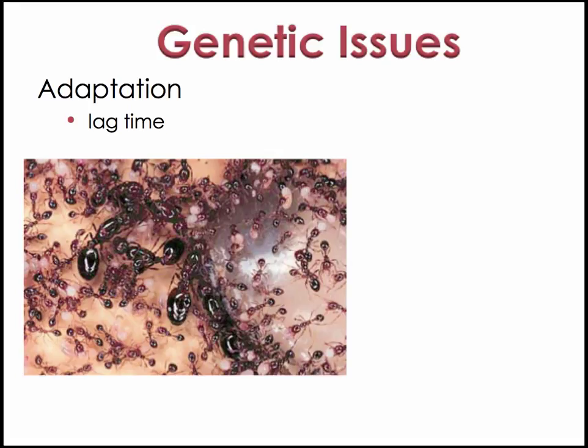So what happened with this, you can see here we have some fire ants, and we're looking at a colony, and this has more than one queen in this colony. And what happened is that initially the fire ants came in and they had a type of ant that they call mono that had only one queen per colony.